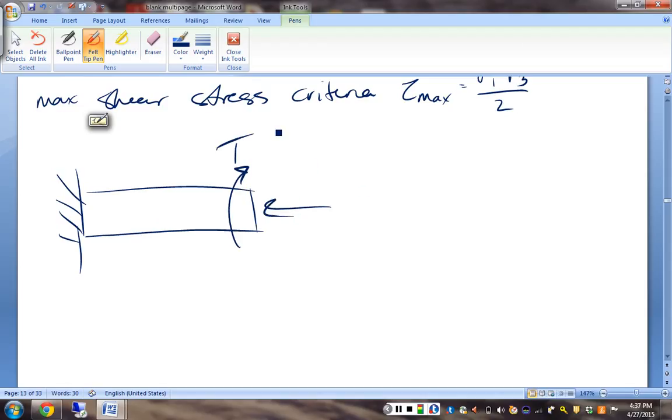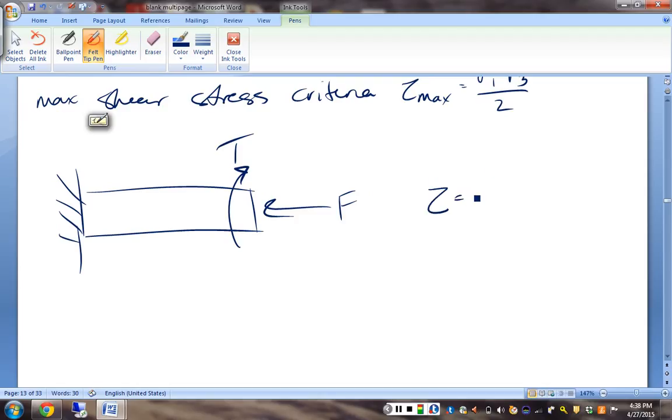So I've got a torque and an axial load F, and what am I going to have going on? What kind of stresses would I have going on in this thing? What do I need? Let's start back there with Mr. Beasley. What's one of them? We have torsion. What kind of stress does that make?